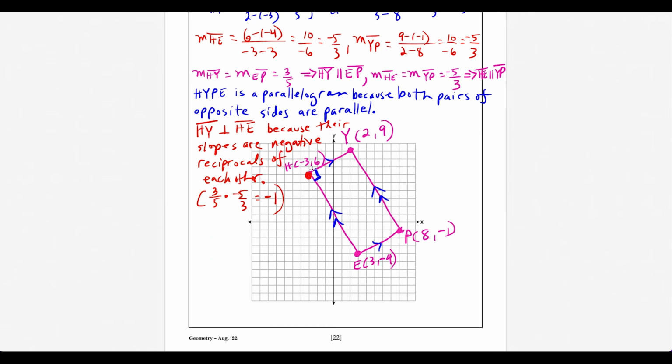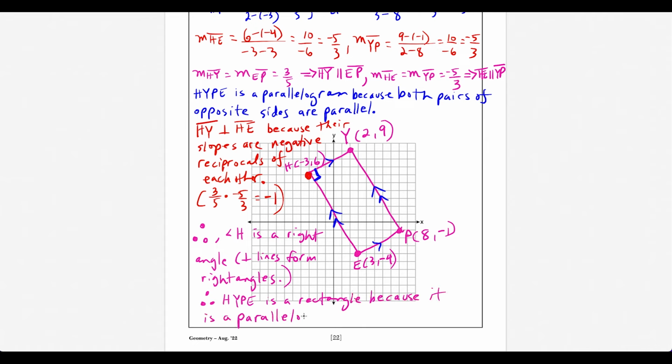So now that we've established that HY and HE are perpendicular, we could say that H is a right angle, and then that'll allow us to conclude here that HYPE is a rectangle because it's a parallelogram with a right angle. And just in case you've never seen this symbol before, the 3 dots in this triangular arrangement here mean therefore.